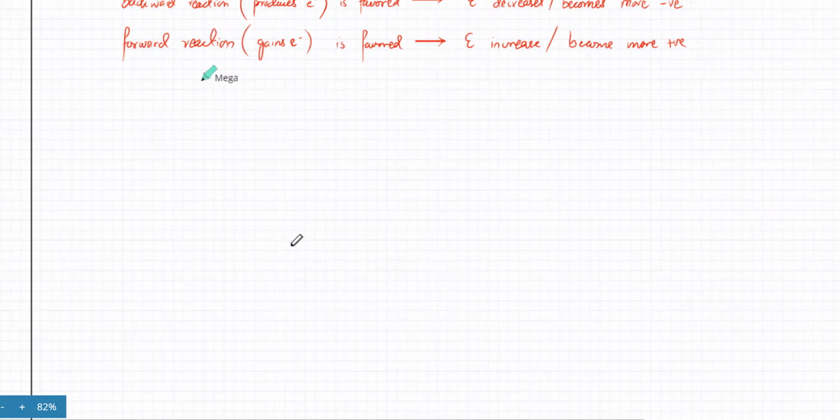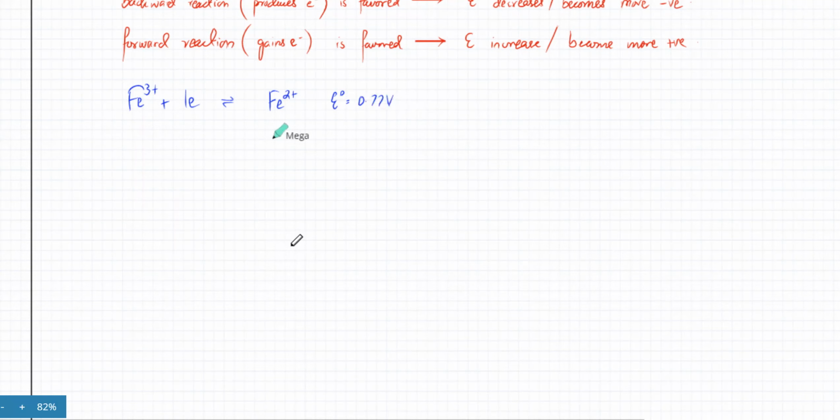So for example, I've got this Fe3+, the same reaction, and let's talk about an actual reaction. It's one electron in equilibrium with Fe2+, right? And the E naught is 0.77 volts. Same one.